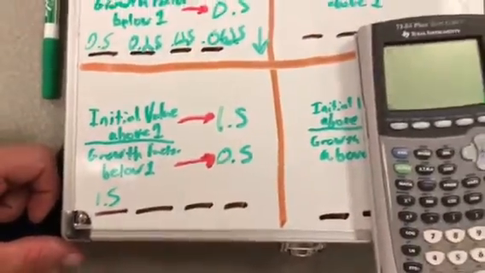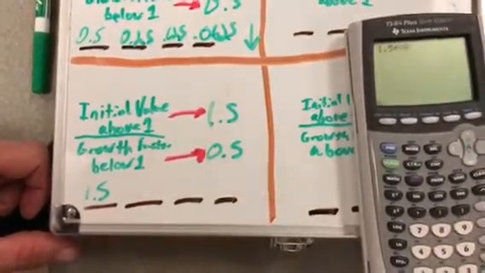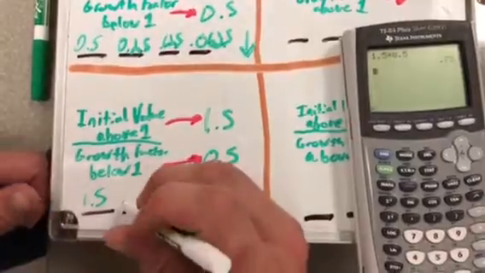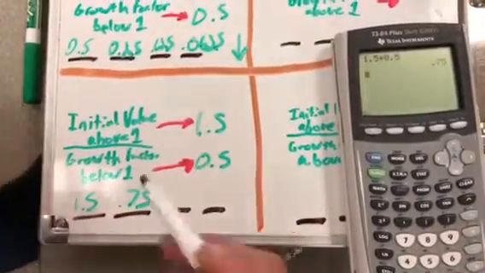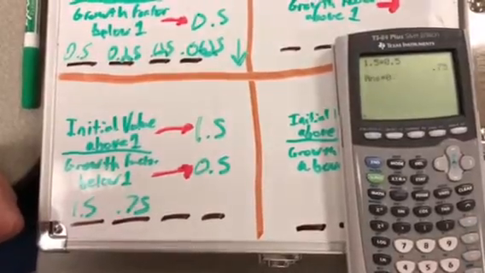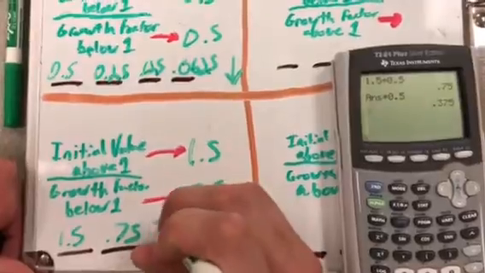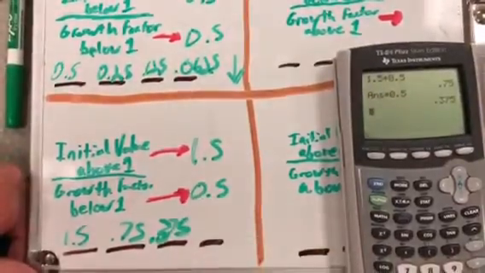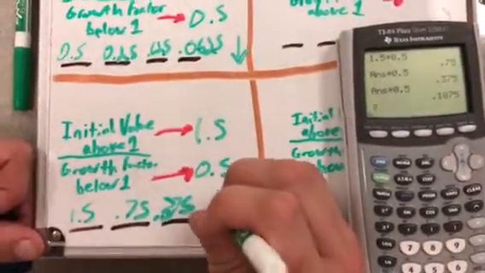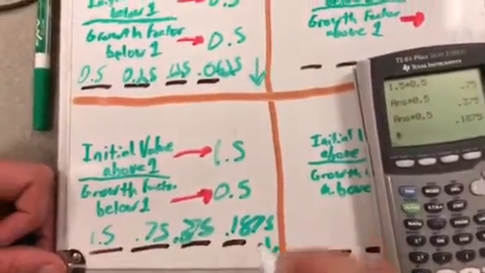I'm going to clear this, and we're going to take 1.5 times 0.5, and that gives me 0.75. So now we're less than 1, and it's going down. Times 0.5, 0.375. We're still going down. One more time, 0.1875. So that's also going to go down.